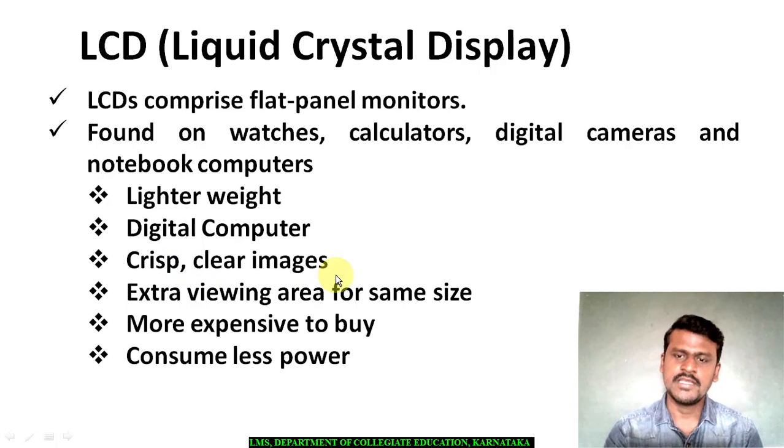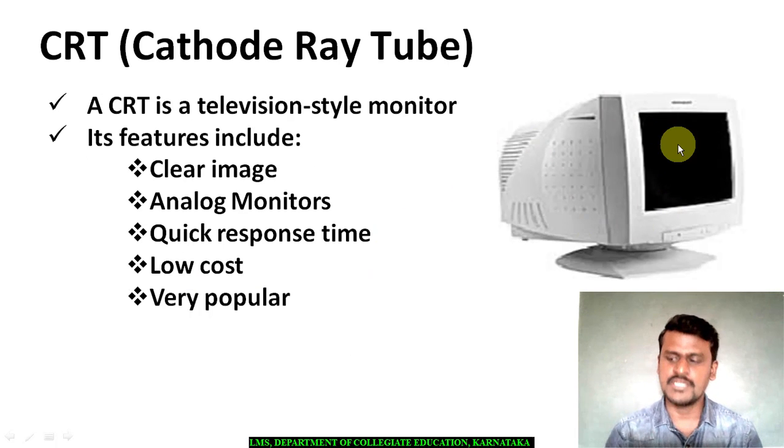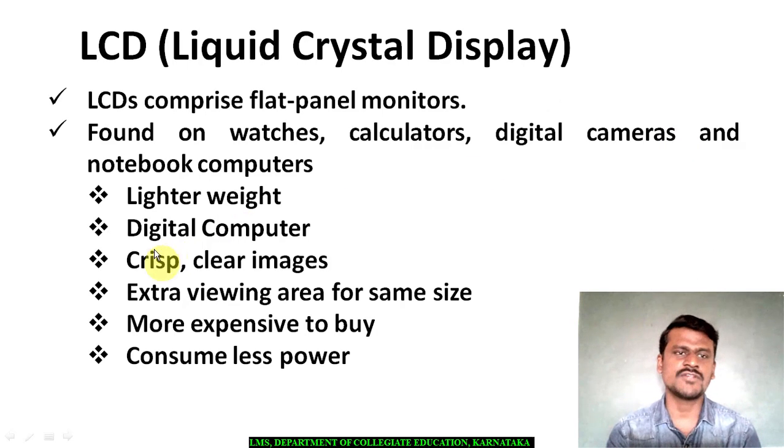In the CRT, it uses the display adapter card to make the images so that the user can see them. But in the case of LCDs, it is not the case.